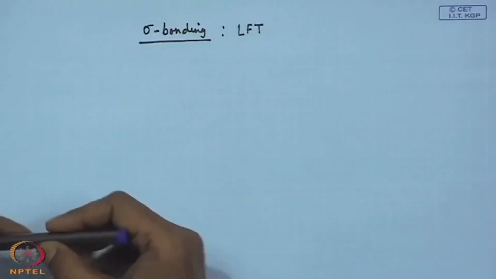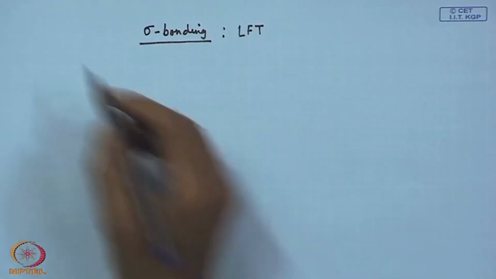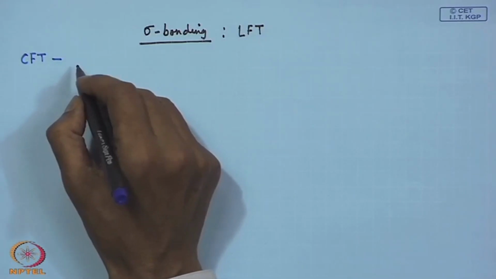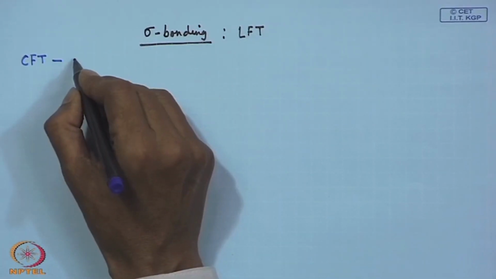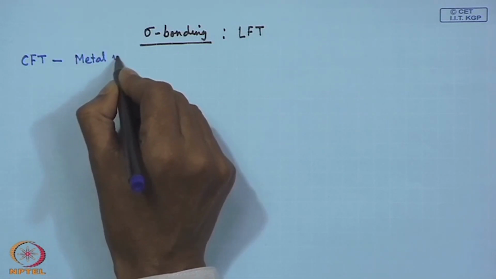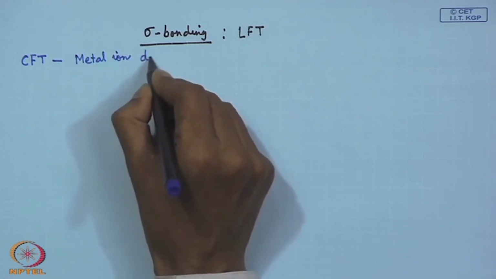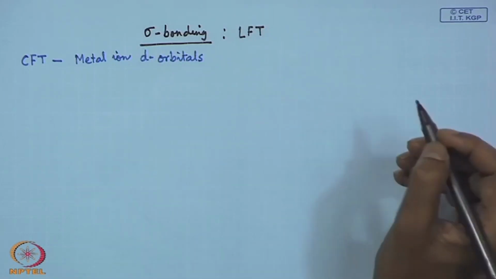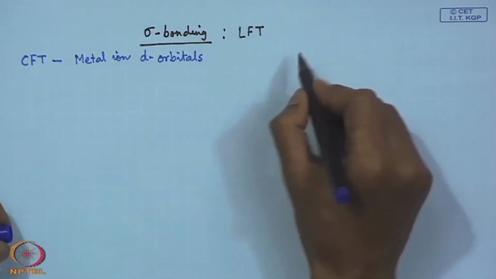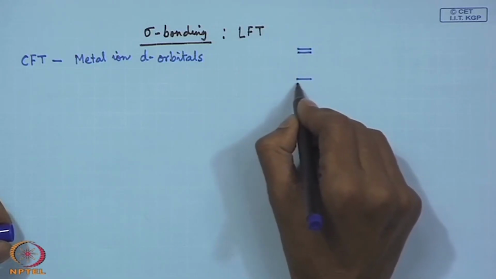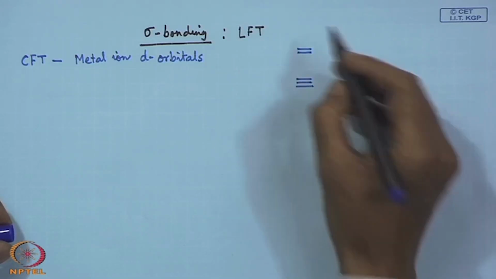So the basic proposition we have seen earlier in case of crystal field theory, where we have chosen the corresponding splitting and the interaction of the metal ion d orbitals. These metal ion d orbitals are within the crystal field of the different ligands.